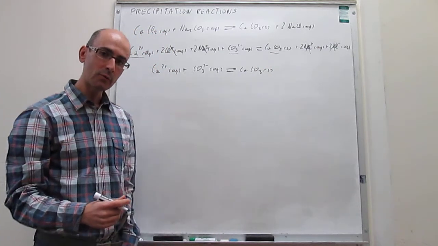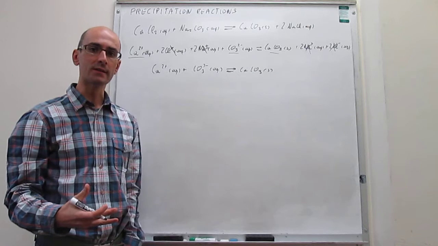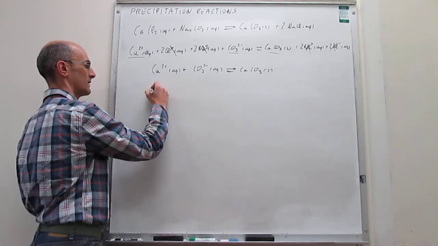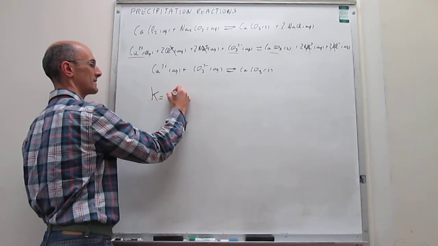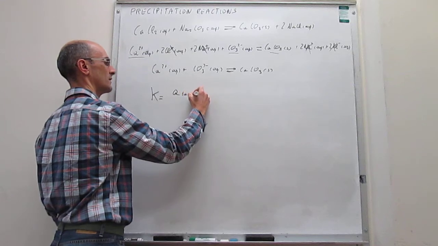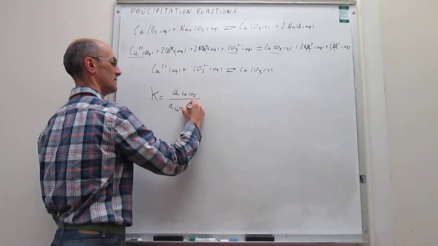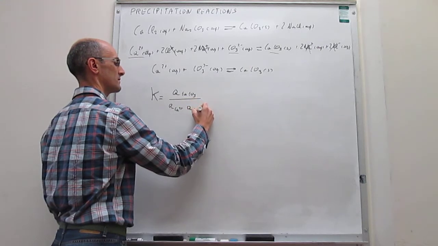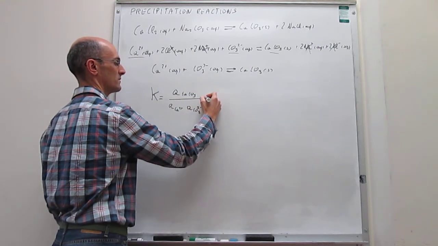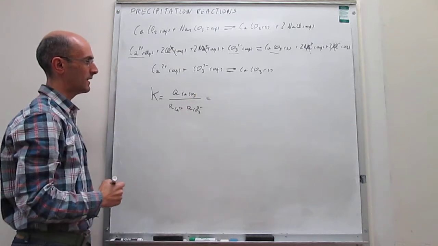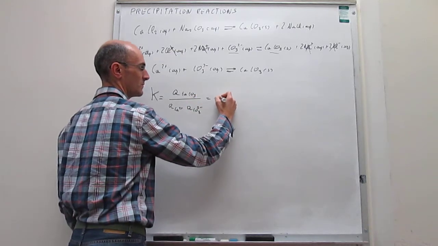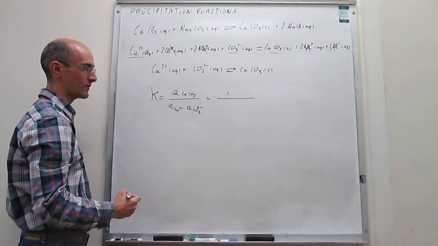Great. Now what we could do is write the equilibrium constant for this process. Right? We would say the equilibrium constant for that process would be the activity of calcium carbonate over the activity of Ca2+ times the activity of CO3 2-. But of course we know that the activity of a solid happens to be 1 by convention.